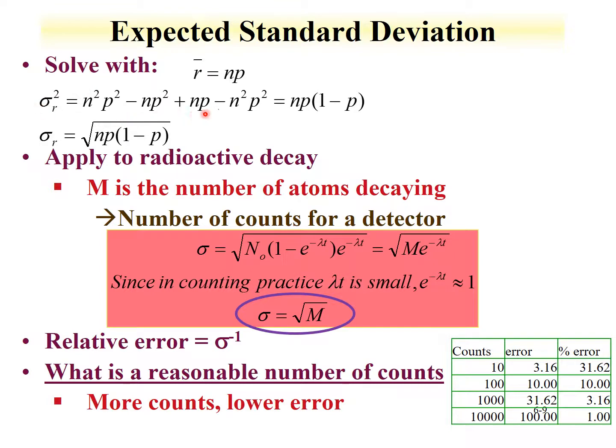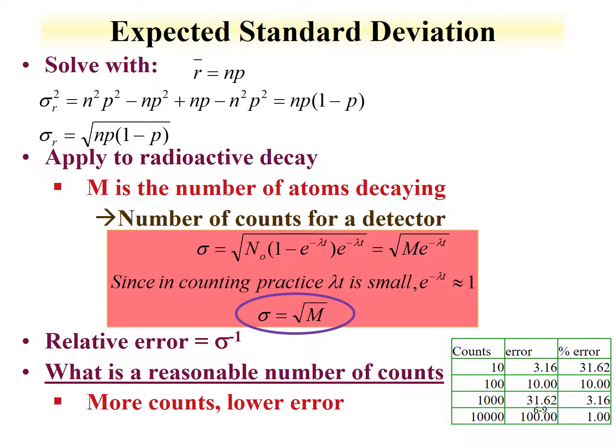This equation is expanded. It's squared, so we take the square root, and it just turns out to be the square root of np times 1 minus p.